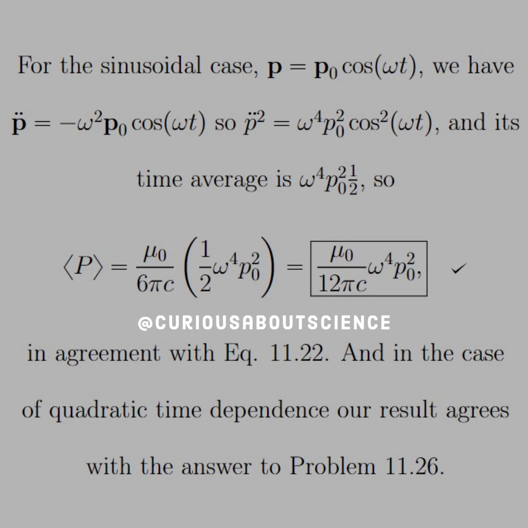We had omega to the 4th power for our radiation before. So this is in agreement with equation 11.22. And in the case of the quadratic time dependence, our results would agree with the answer to problem 11.26. So, doing the same method, we're good to go. And we like that, so that's pretty cool to see. Later, guys.